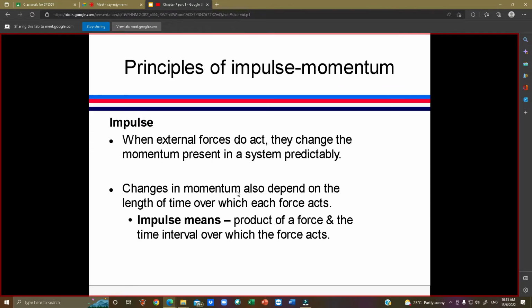Okay, and then under principle of impulse momentum ataupun impulse momentum approach, the second approach, we talk about how much force being given, how much movement occur. So how can we manipulate the movement? Macam mana kita nak lajukan dia, macam mana kita nak perlahankan dia.